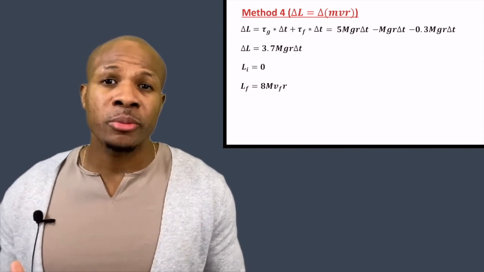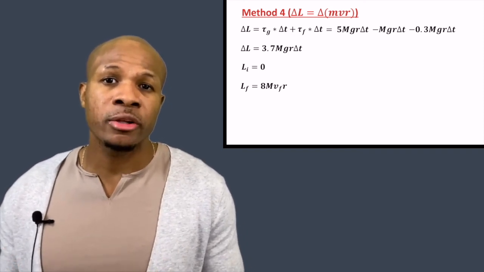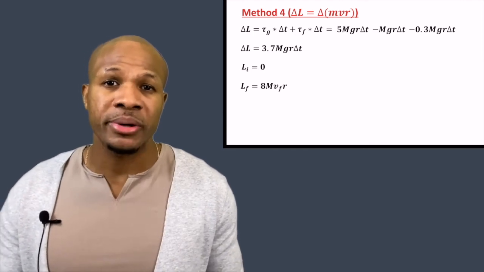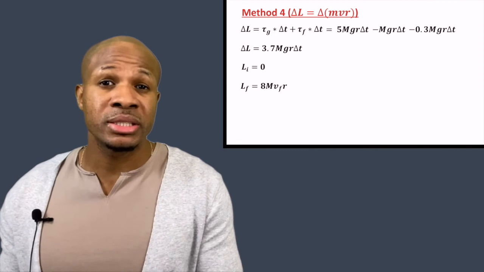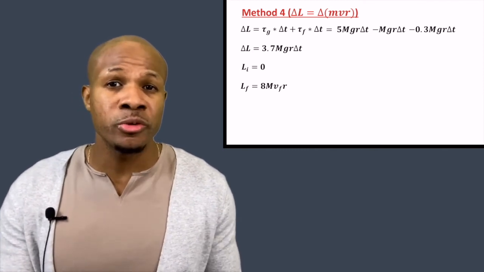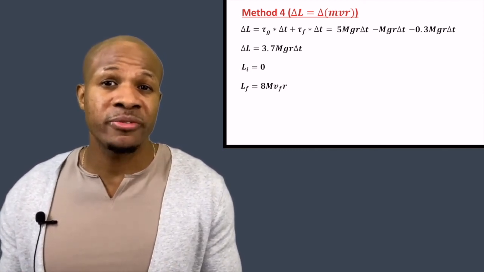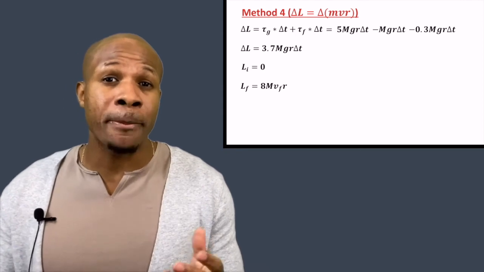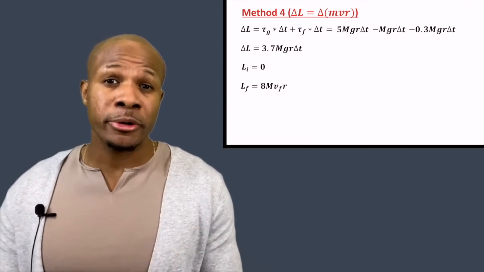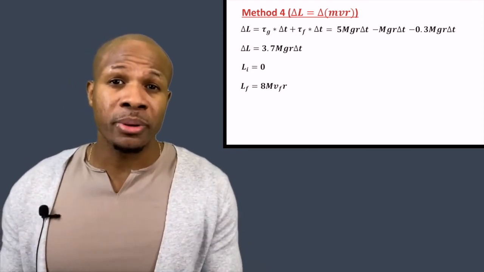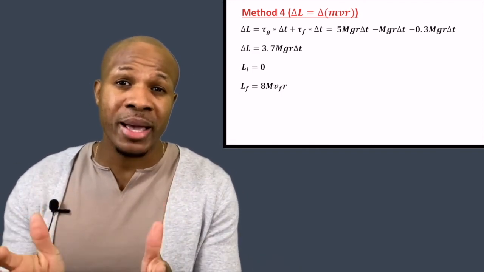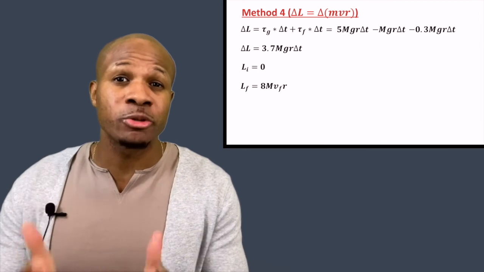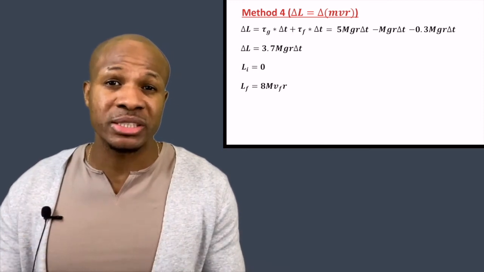And what is the angular momentum that we generate at the pulley? Well, angular momentum is equal to mvr. We know r is the radius of the pulley, and v is the speed with which the system moves. So it moves with some final speed v. And the mass is going to be the mass of the system, because as the rope slides down on the pulley, the entire system moves with the rope. So the amount of mass that the rope carries is equal to the entire mass of the system, which is 8m.